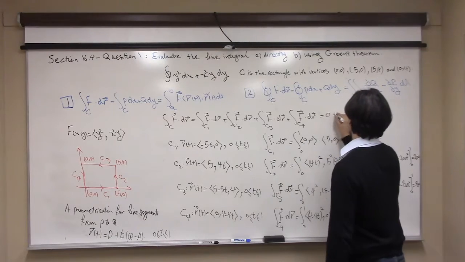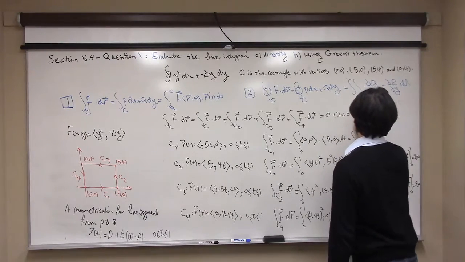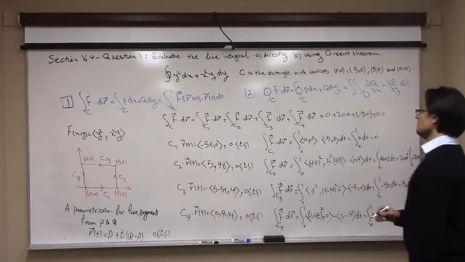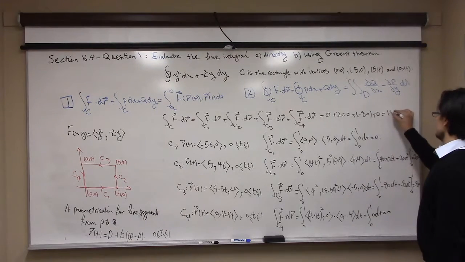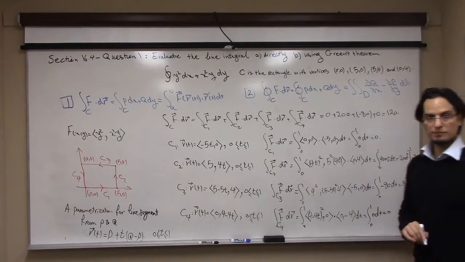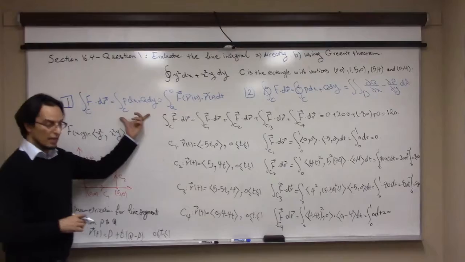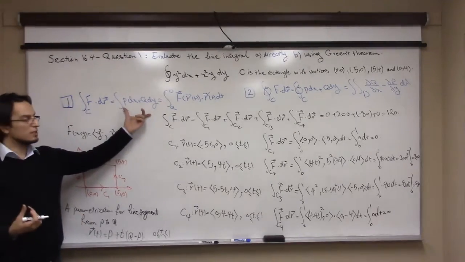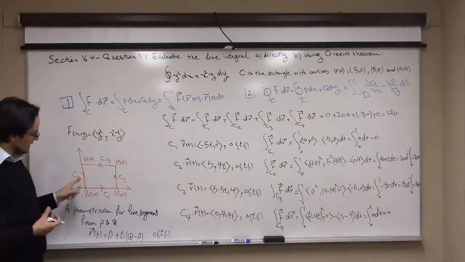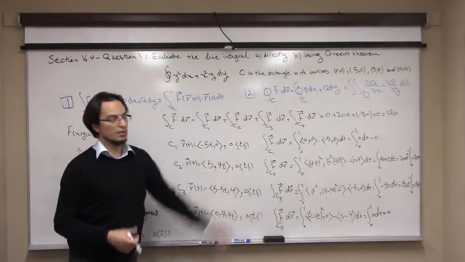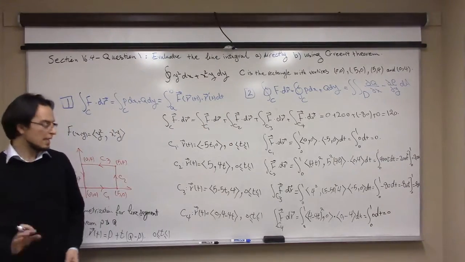So I have 0 plus 200 plus negative 80 plus 0. If you add them, you get 120. So we did evaluate the line integral of this vector field along this rectangle, and that's the value we found, 120. Okay, that's part A.